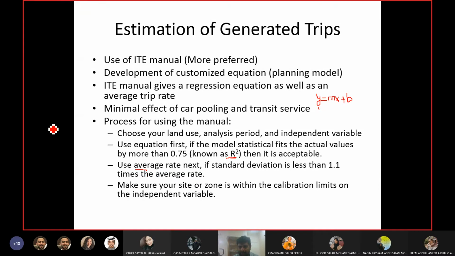For example, let's say you are doing it for a gas station. In the USA, maybe the maximum number of fueling booths you can have is 10. So when they developed the equation for a gas station, the maximum number of fueling booths they had was 10.